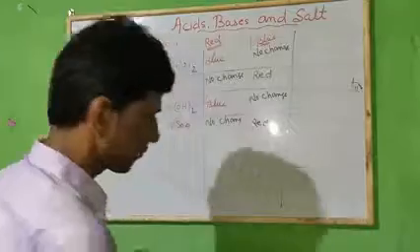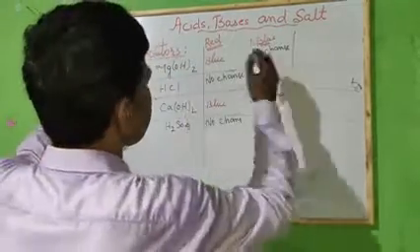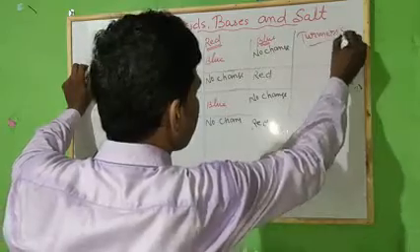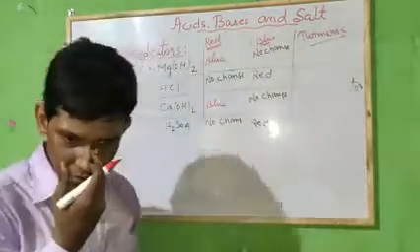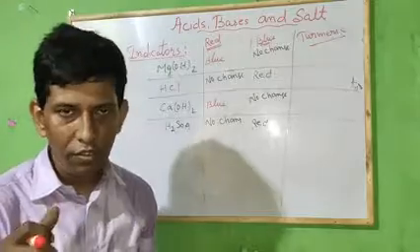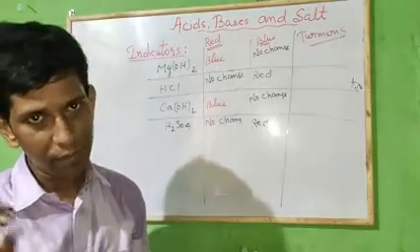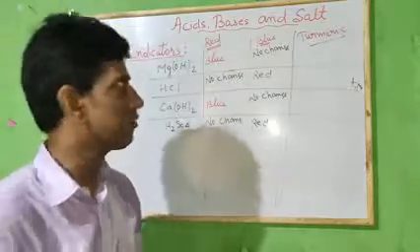Suppose I am taking turmeric solution. Actually, turmeric is a natural indicator, and when turmeric comes in contact with base, brick red color will be there.